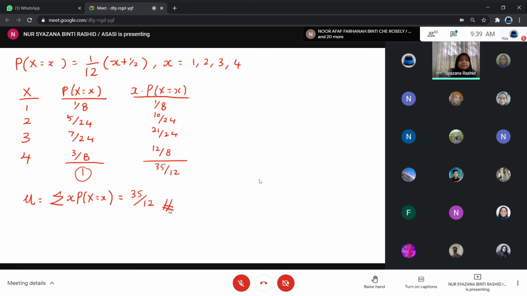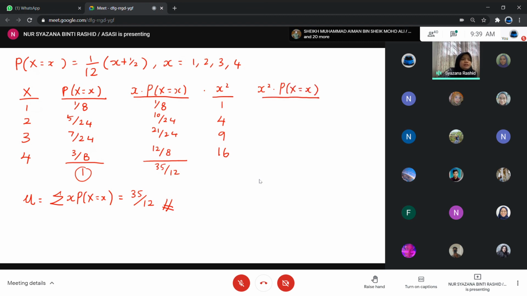Okay. And then dia tanya apa? Standard deviation kan yang kedua. So standard deviation, carilah variant dulu. Dah dapat variant nanti just square root. So for finding that, we need this column. So x square is 1, 2 power 2, 4, 3 power 2, 9, 4 power 2, 16. Okay, and then x square times p.